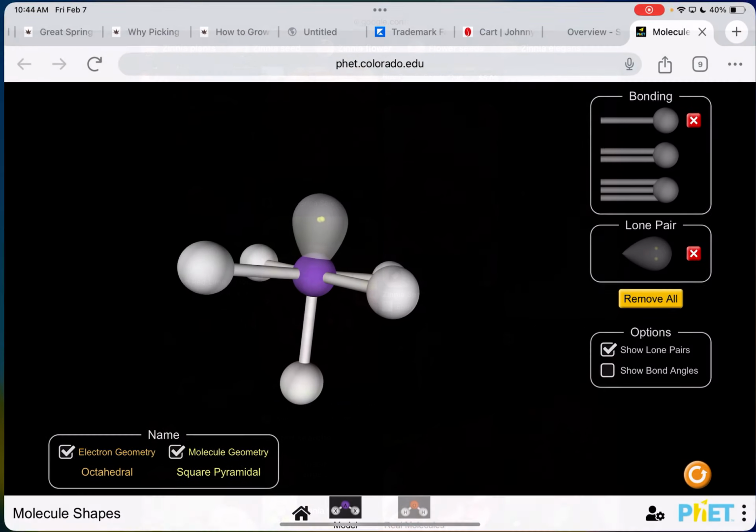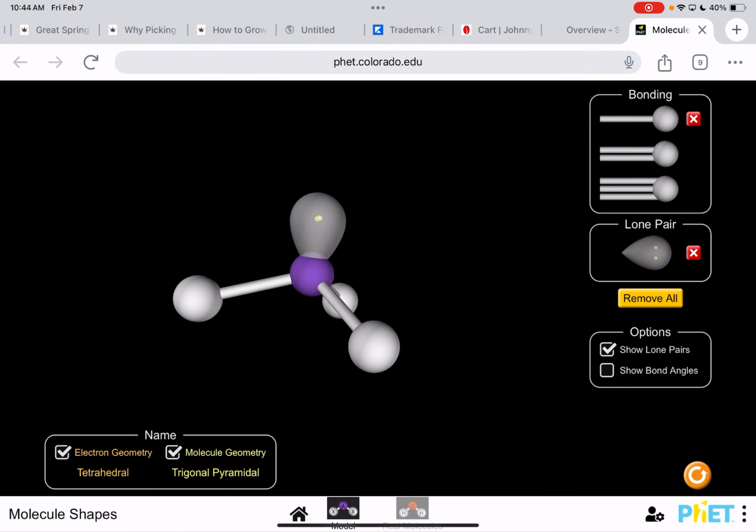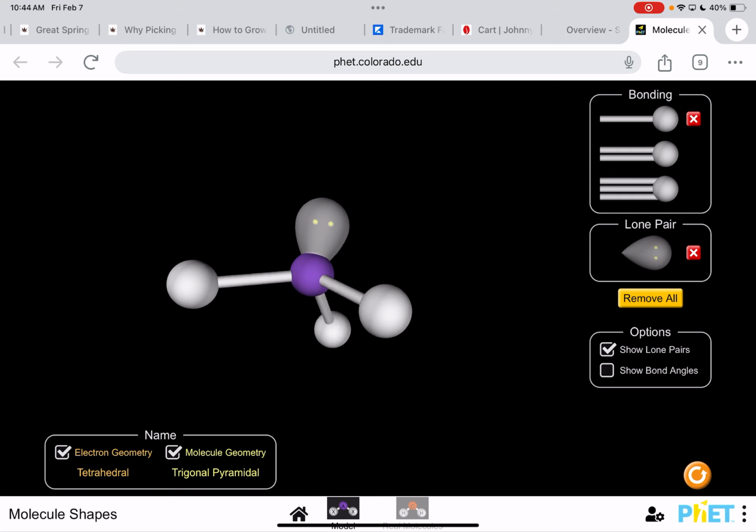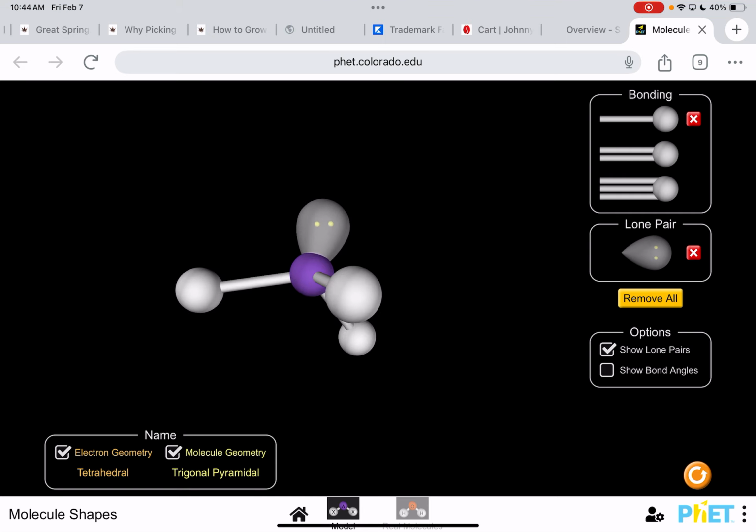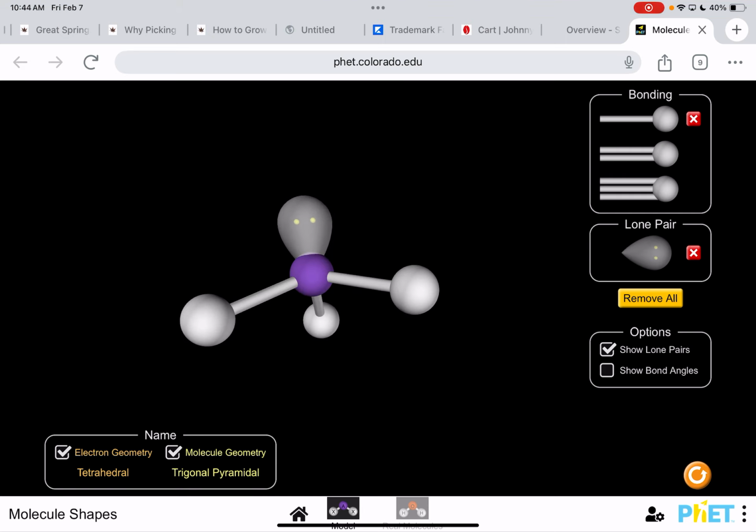So NH3 looks like this. So no, they cannot cancel each other out.